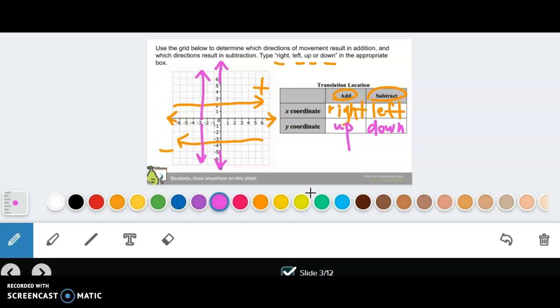Okay, so you just have to remember addition, right; subtraction, left; addition, up; subtraction, down. And then remember we used to make you label negative on this side, positive on this side. Okay, that helps with your left and your right.